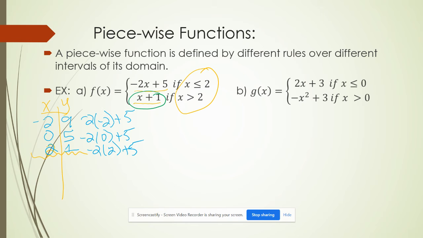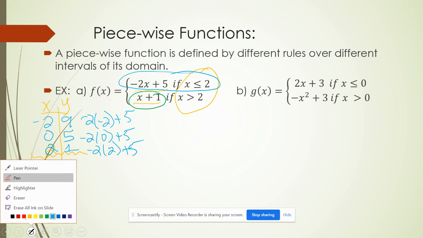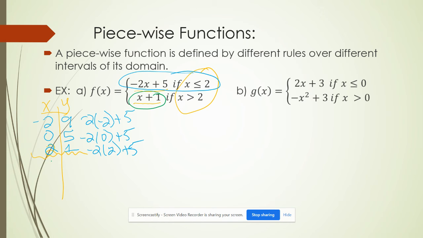And so the first part of our rule here is going to have these 3 ordered pairs. Now if I go to the green, let's say I want to do 3 and 5, then I have a new rule, x plus 1. So 3 plus 1 is 4, and 5 plus 1 is 6.